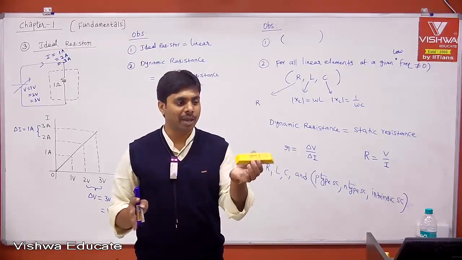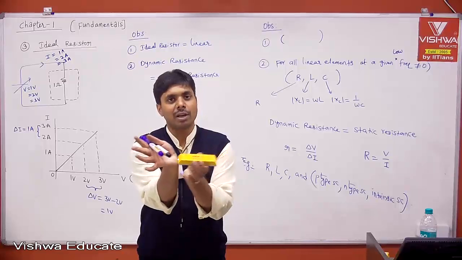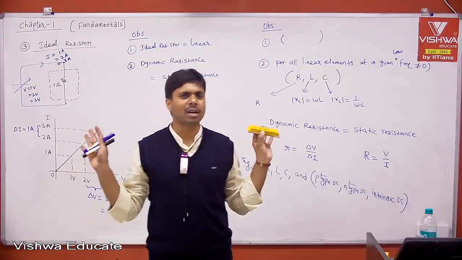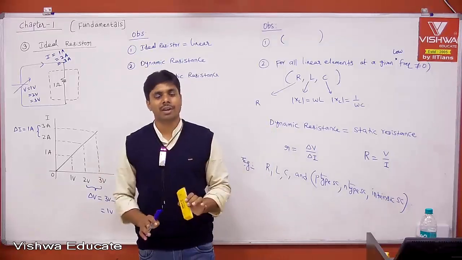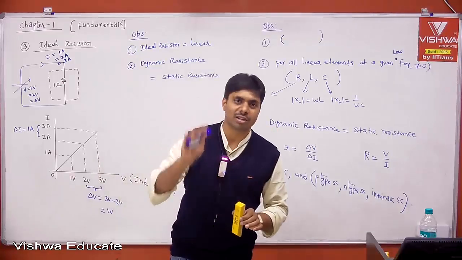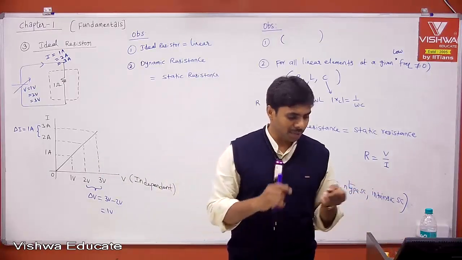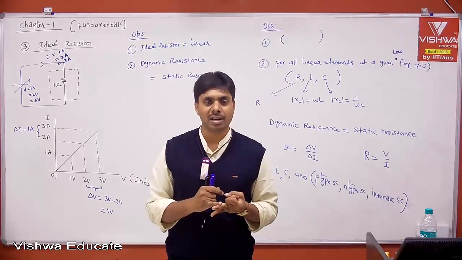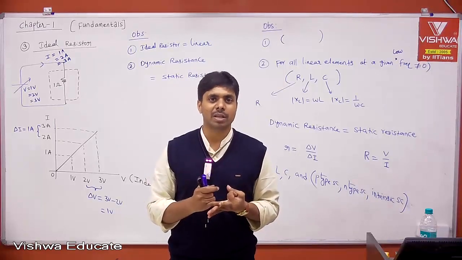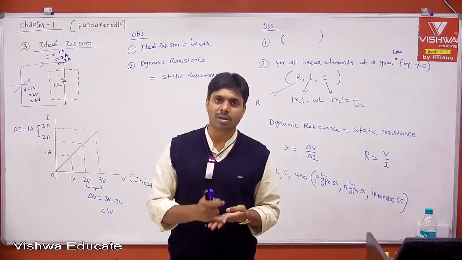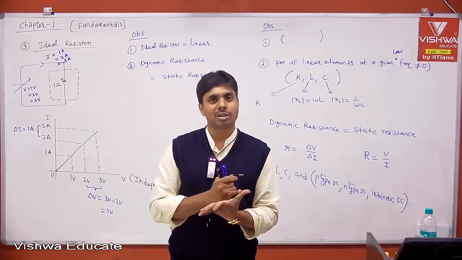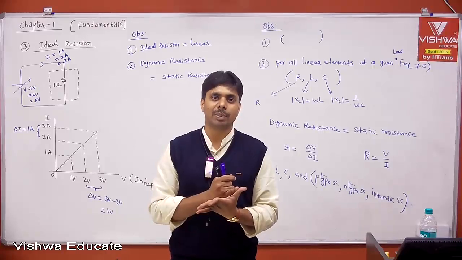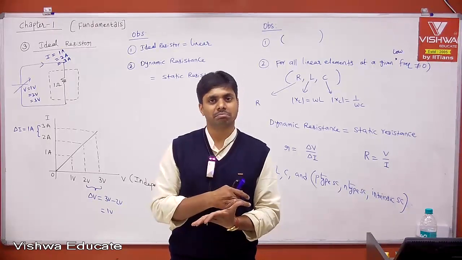But wherever you have PN junction, remember, that will give you non-linearity. Very, very simple. Wherever you have PN junction, it is non-linear. That's why I told PN junction, BJT, because BJT is having PN junctions inside. MOSFET, that is also having PN junctions. UJT, it is also having PN junction. Silicon control rectifier or thyristor, which is basically PNPN or NPNP, that is also non-linear.